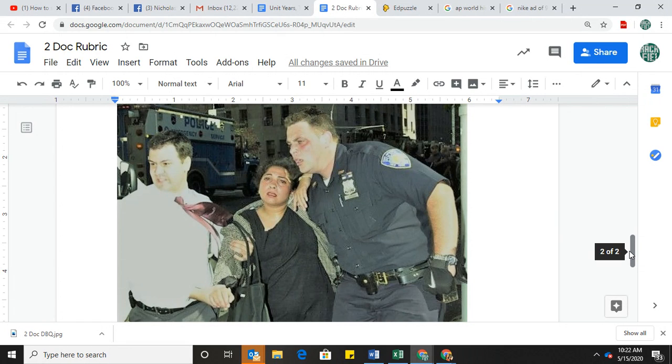So the historical context is 9/11 going on, but the historical context of this picture is this was, I wouldn't say it's propaganda, but they used this picture as a challenge to Colin Kaepernick's Nike ad. Colin Kaepernick said something like, if you don't stand for something, you'll fall for anything, or believe in something along those lines.